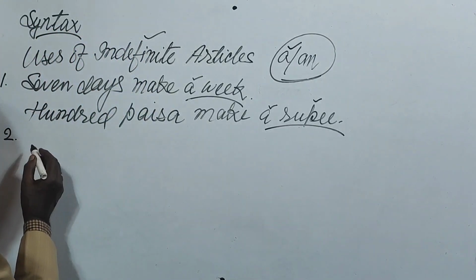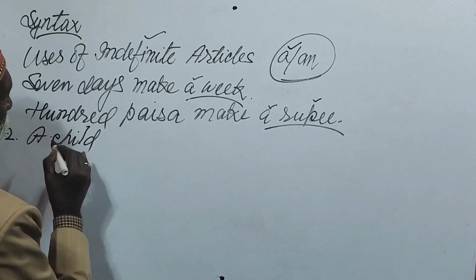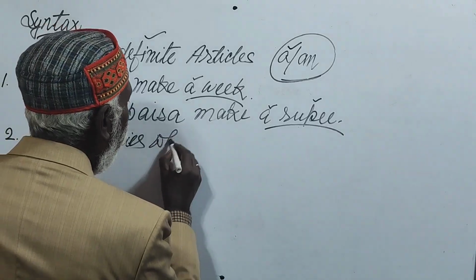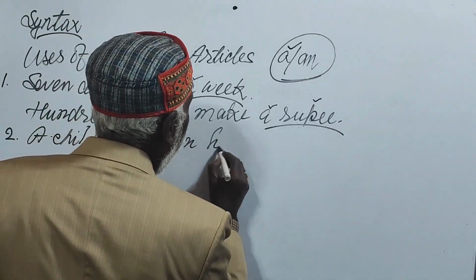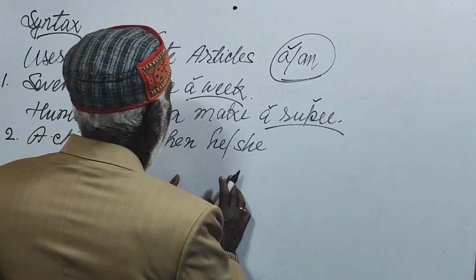A child cries. Example here. A child cries when he or she is hungry. The child may be a boy or girl, male or female.